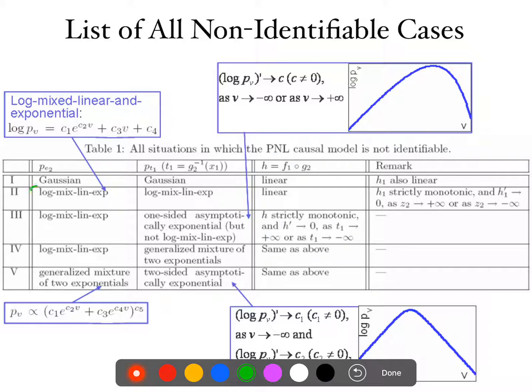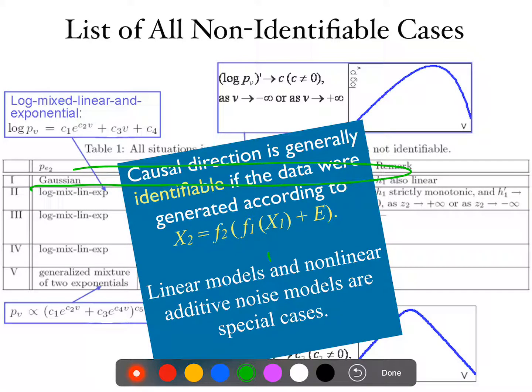The first one is the linear Gaussian case, and basically all those 5 situations are very specific. You have to tune all those involved distributions and parameters and nonlinear functions in the system so that one of them can hold. That means, roughly speaking, generally, the causal direction between 2 random variables is identifiable given their observations.